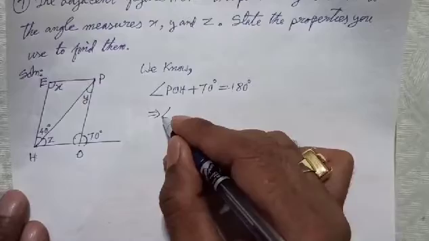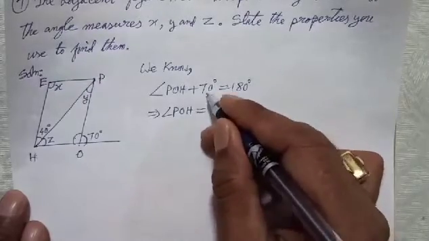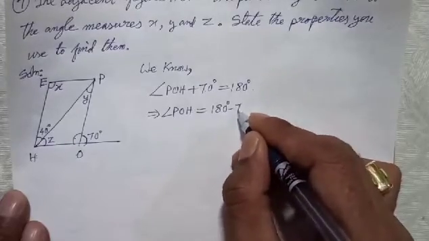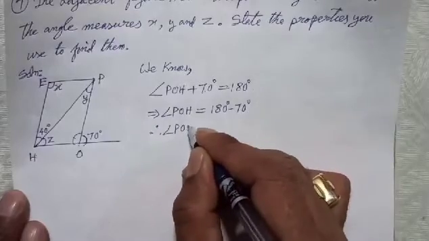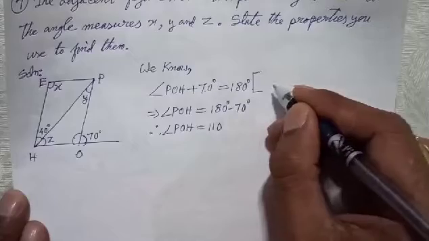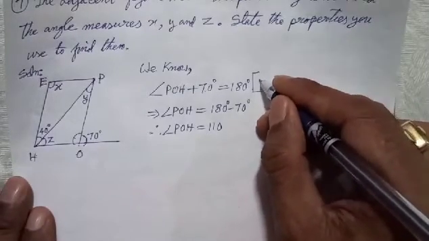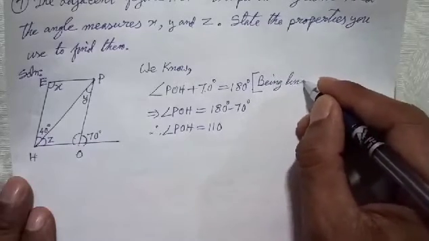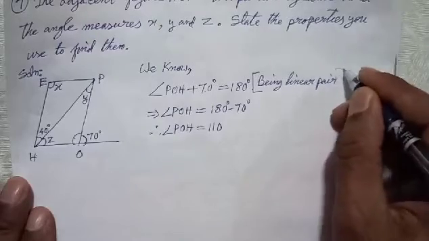This implies that angle POH is equal to 180 minus 70, transposing 70 to the other side, then minus sign. If we subtract, we are getting 110 degree. Here the property we are using is linear pair.